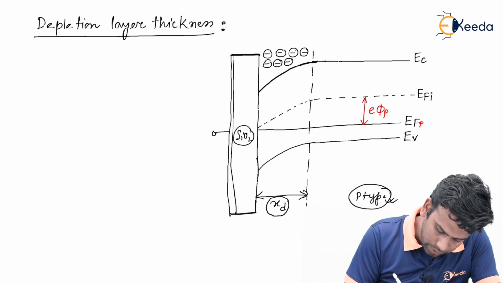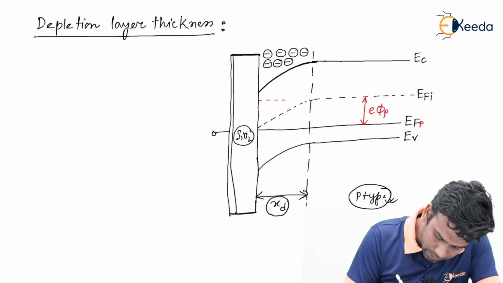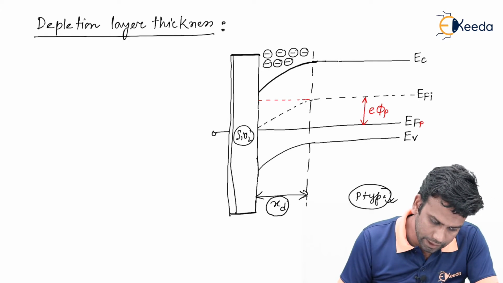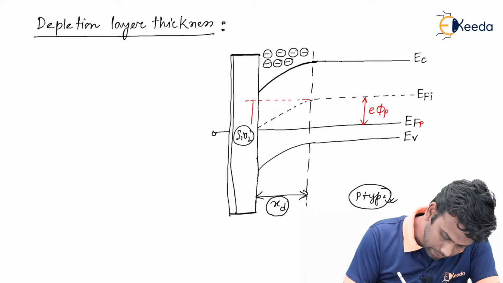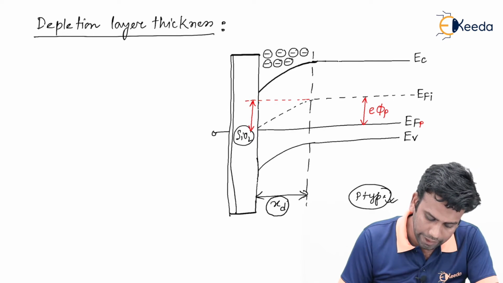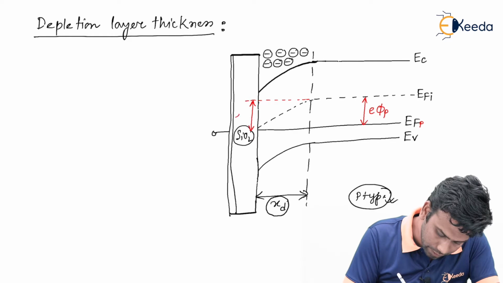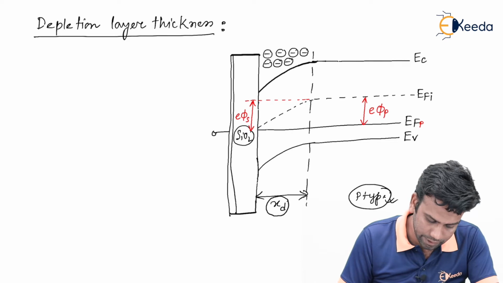Now this energy difference, if I extend the line of EFI towards the surface, then we can see this is the energy difference between the EFP and the intrinsic Fermi level at the surface. So I am denoting it as E phi s.